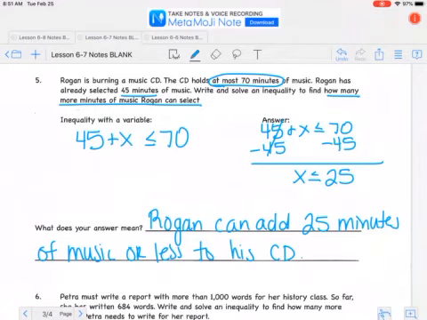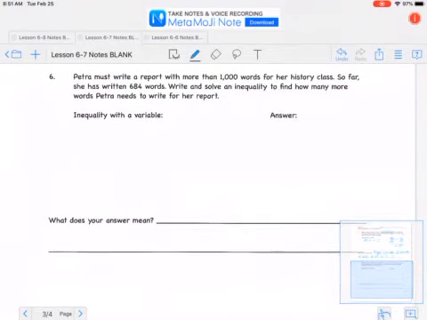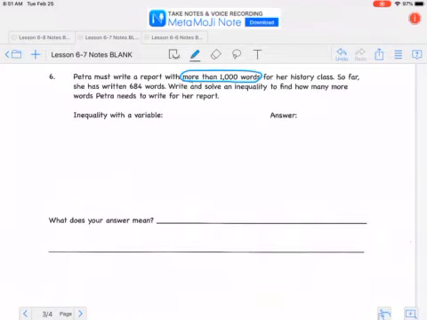All right, number 6. So it says Petra must write a report with more than 1,000 words for her history class. So far, she has written 684 words. So this is how much she's already written. Write and solve an inequality to find out how many more words Petra needs to write for her report. So she needs more than 1,000 words.